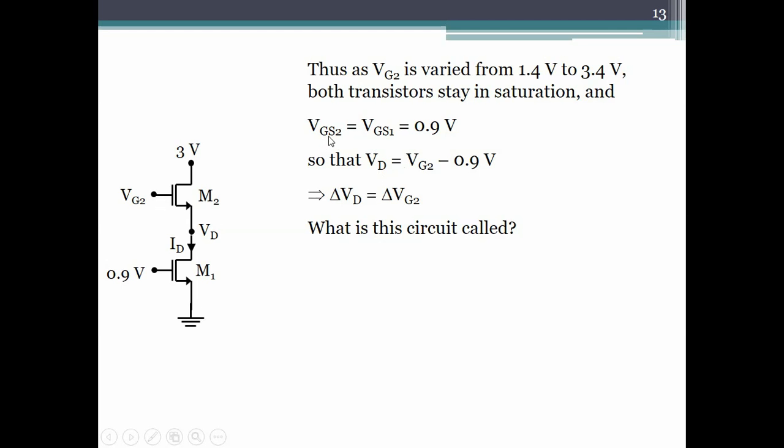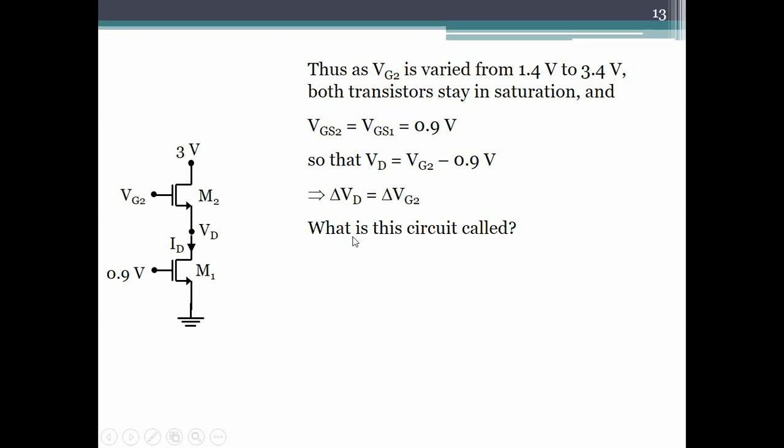Therefore, VGS2 being Vg2 minus Vd will be 0.9, and therefore we can write Vd as Vg2 minus 0.9 volts. Which means that delta Vd is equal to delta Vg2. If I change Vd, Vg2 changes by the same amount, or vice versa.